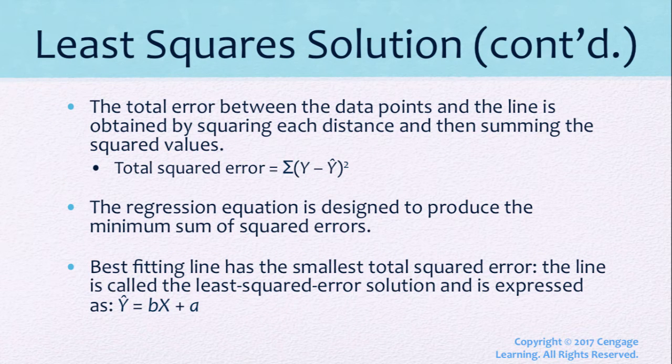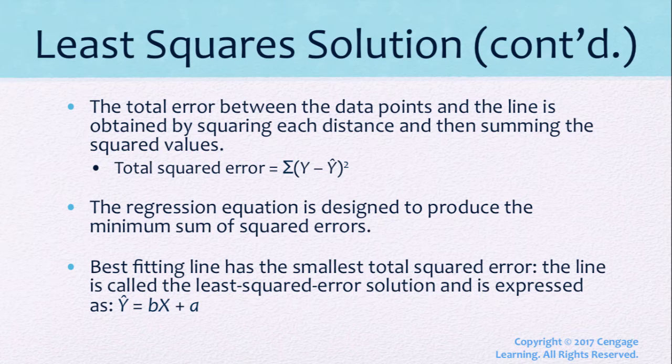And so the total error between the data points and the line is obtained by squaring each distance and then summing the squared values. The regression equation is designed to produce the minimum sum of squared errors.